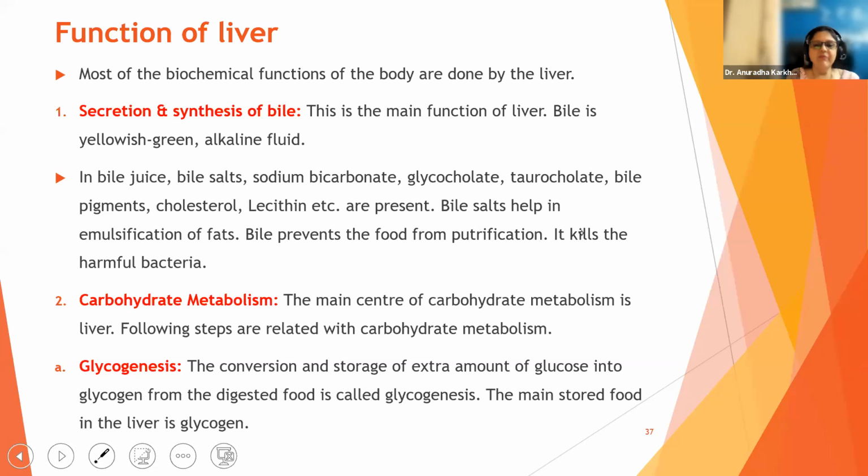Whatever sugar we have eaten, whatever carbohydrates we have eaten, we have seen already in the respiration chapter that the sugars are going to be oxidized to ultimately form carbon dioxide, water vapor, and energy. But extra amount of sugar or stored sugar in our body is going to be called as what? Glycogen. So conversion of extra sugar into glycogen is called glycogenesis.